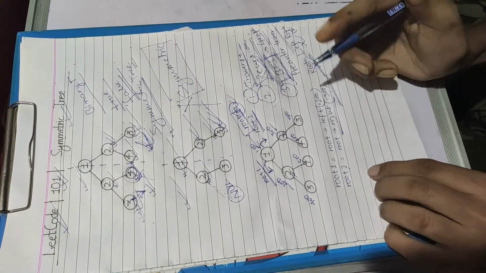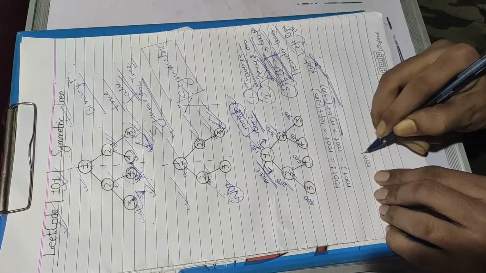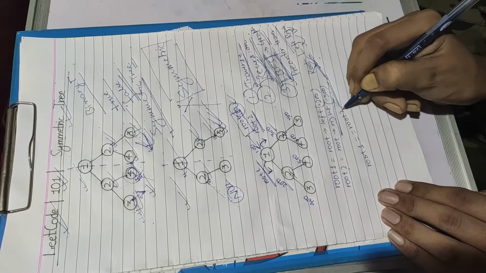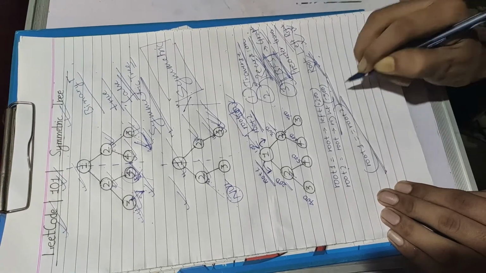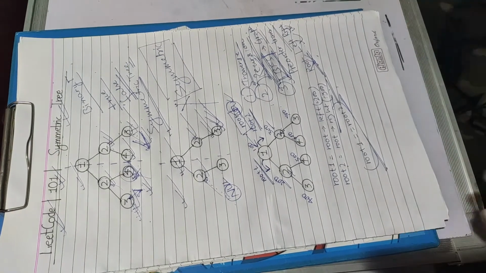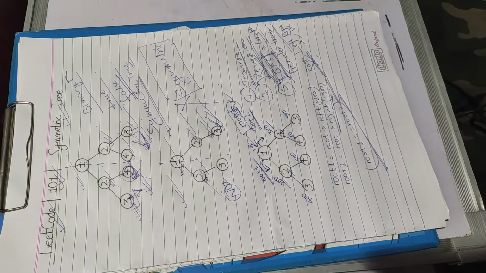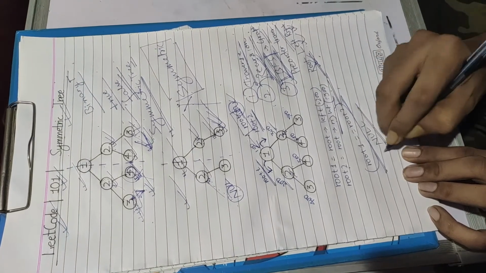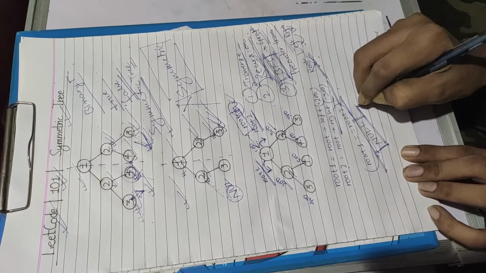First we will check whether root 1 is equal to root 2. This will only be true when we reach a point where further we don't have anything, like if we go to the left of root 1 and right of root 2, we have null.